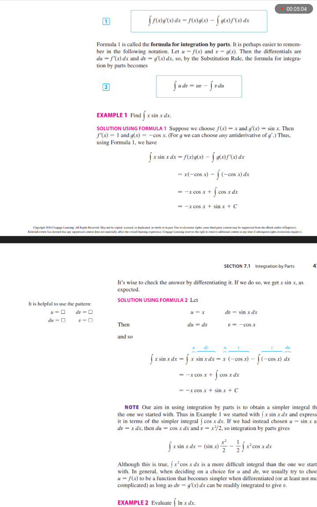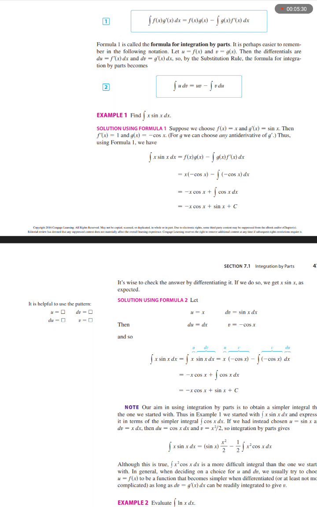Solution using formula 2. Let u equal x, du equals dx.